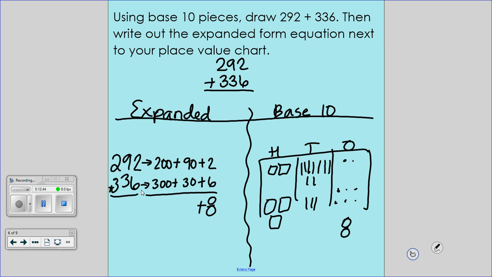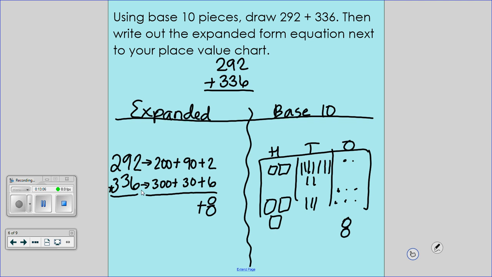Just tell me how many tens it is. 9 tens plus 3 tens is how many tens? 12 tens. But you're right.